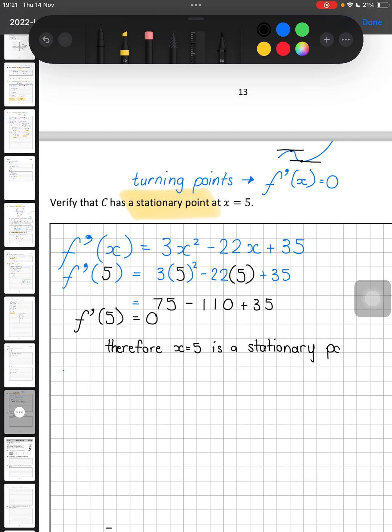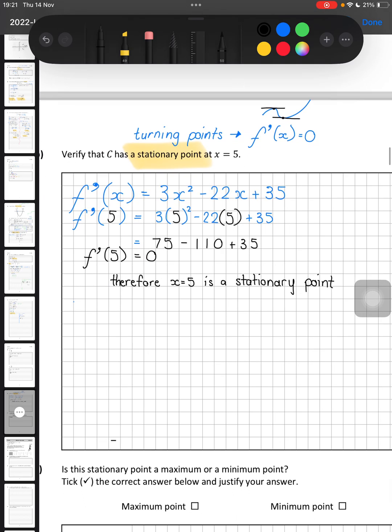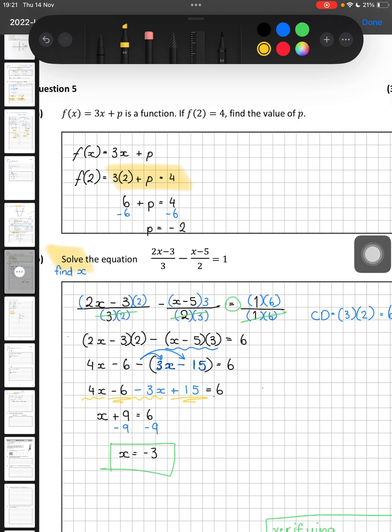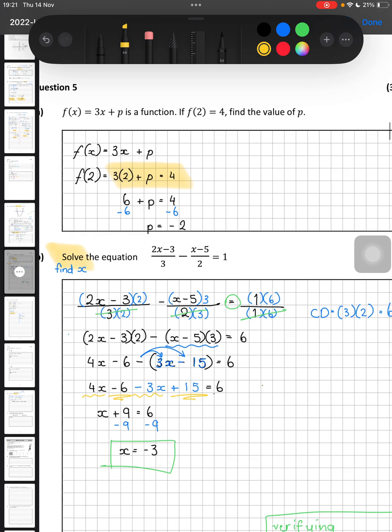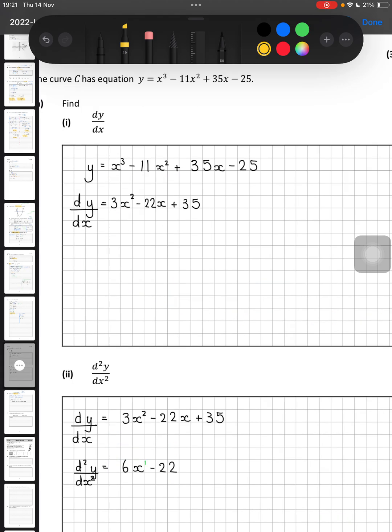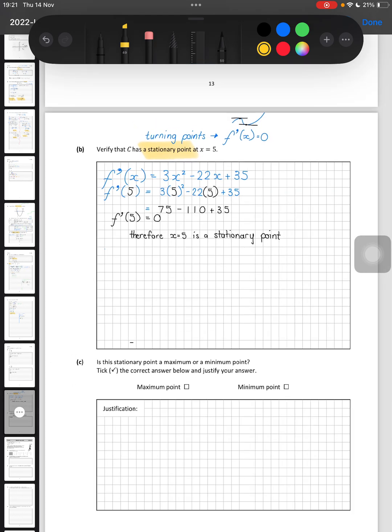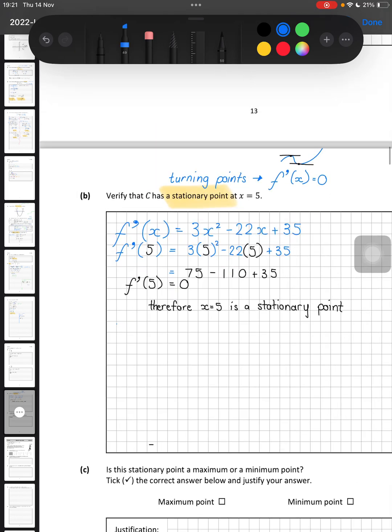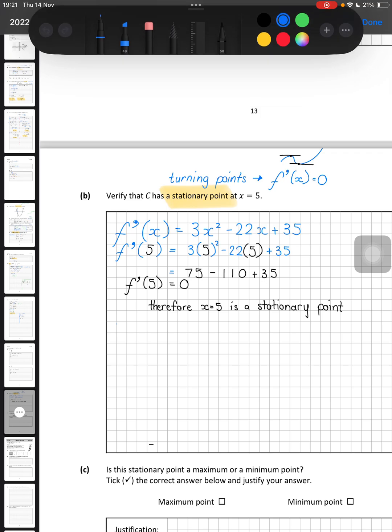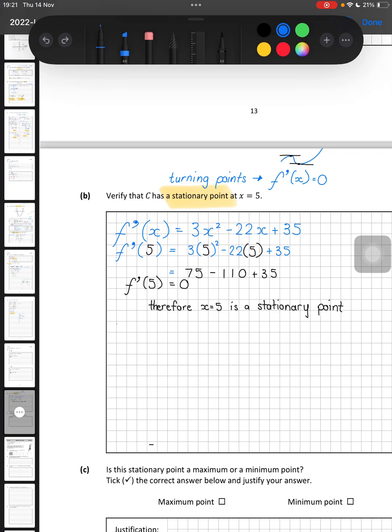But the other way of doing it is the way that, if they say find the stationary points and they don't give us that possible answer. Here they say verify. So there is a very important difference in our wording here. Verify means that we can sub it in from the start. So when it says verify, from the start, you're able to sub that in.